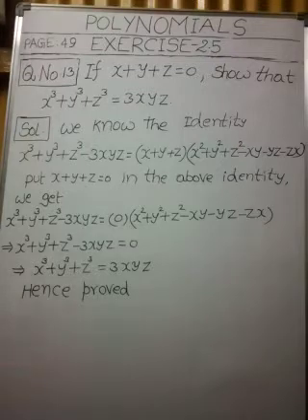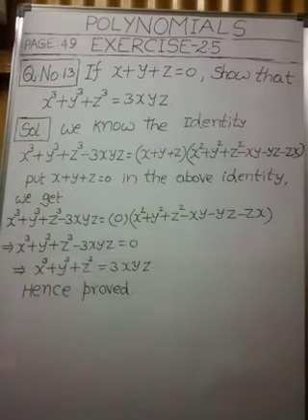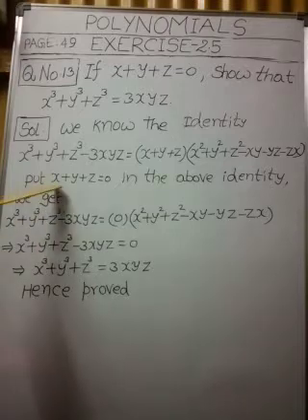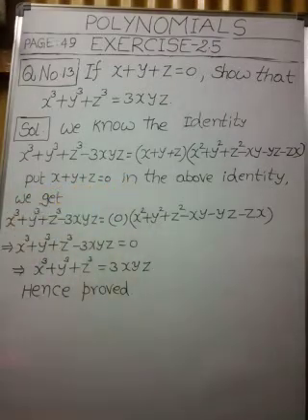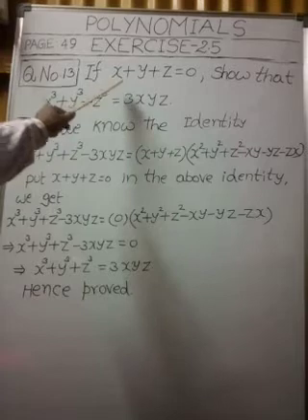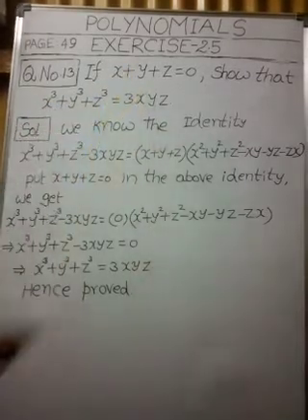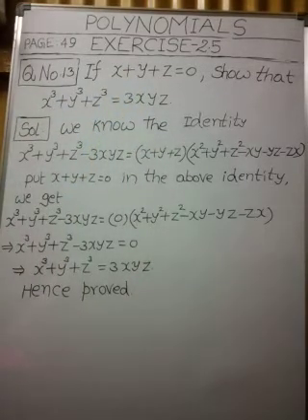Right. So in this algebraic identity, we put x plus y plus z equal to 0, because it is given that the value of x plus y plus z is equal to 0. That is why I am substituting it in this algebraic identity.